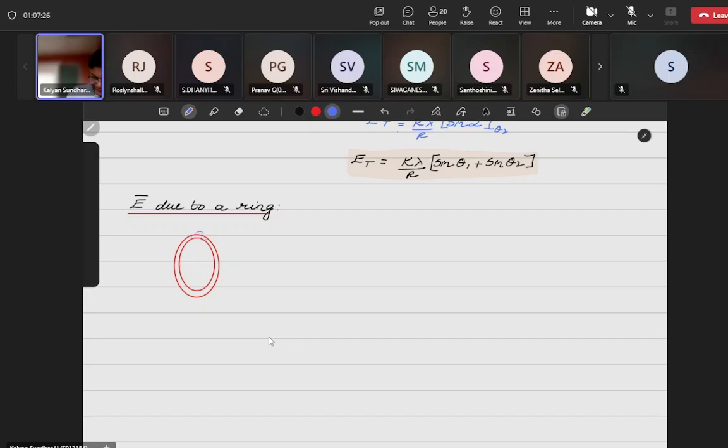So this is a ring, and this ring is having a radius of capital R, which has been positively charged to the value of Q. Now, I want to find out the electric field at point P due to a ring. This can be some random distance, so let me take it as x value. Right?